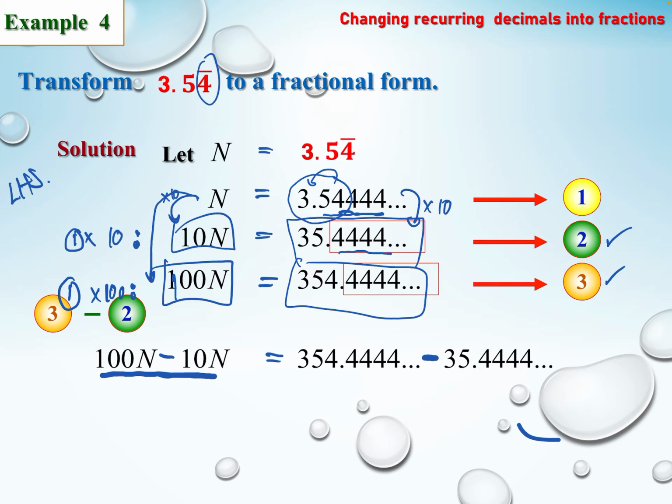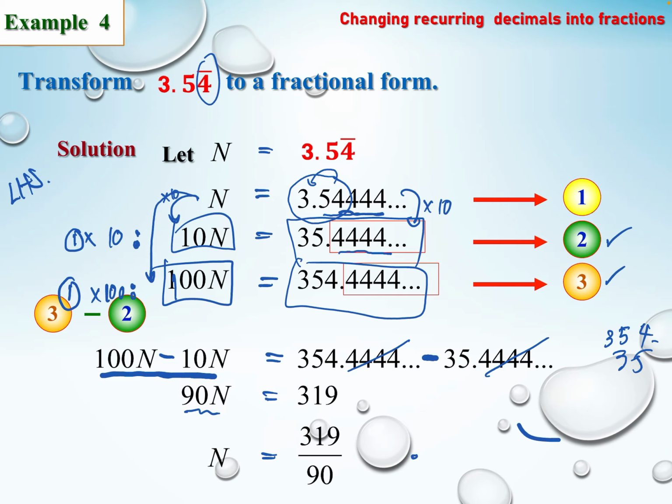Then 100n minus 10n becomes 90n, which is equal to, the 444 is gone, you just take 354 minus 35, so we will get 319. That means n equals 319 over 90. Then we answer that the solution 3.54 repeat 4 is equal to 319 over 90.